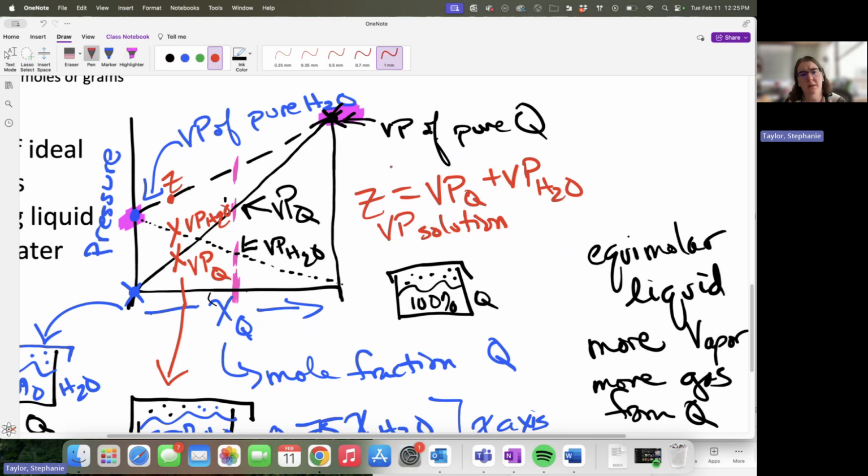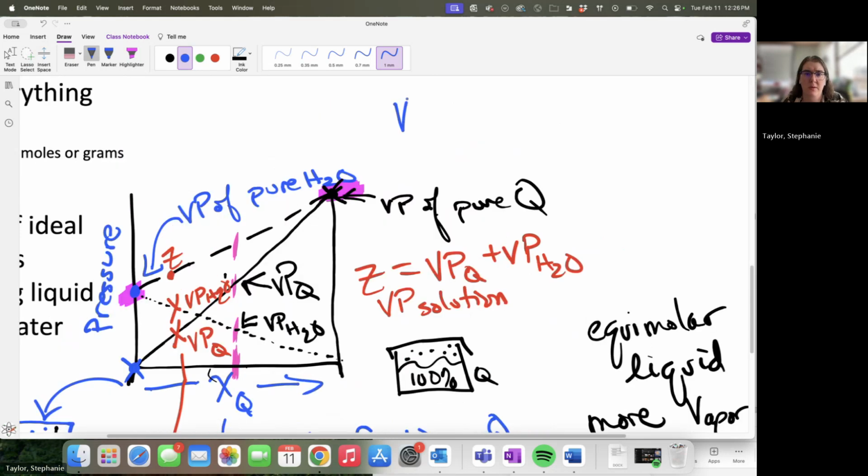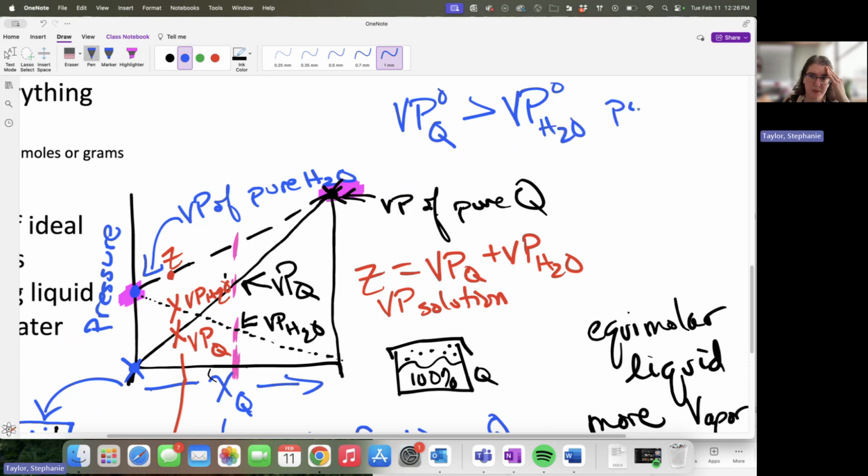There was one more thing I wanted to make sure, two more things actually, that I pointed out. So when I say that the vapor pressure of Q is greater than the vapor pressure of, and this should really be the pure solvents, so dealing with pure liquids, my vapor pressure of Q is going to be greater than the vapor pressure of water.